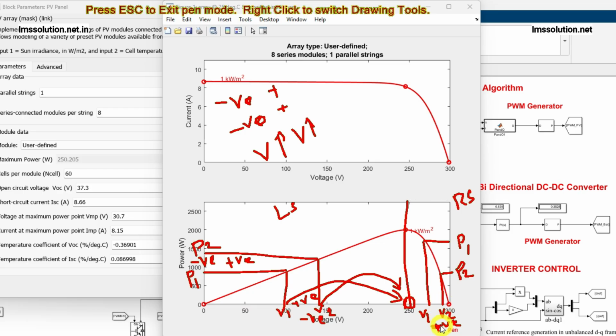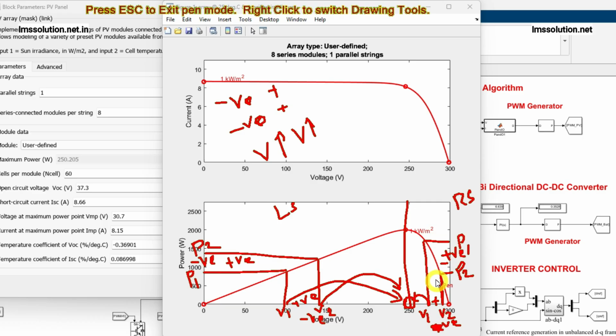V1 minus V2, the sign will be negative, and P1 minus P2, the sign will be positive. During this condition we need to move the PV voltage from this point to this point, so here we have to decrement the voltage. When you take the opposite direction, V2 minus V1 will be positive, and P2 minus P1 will be negative.